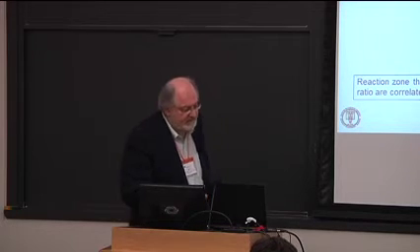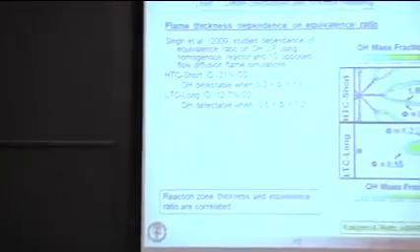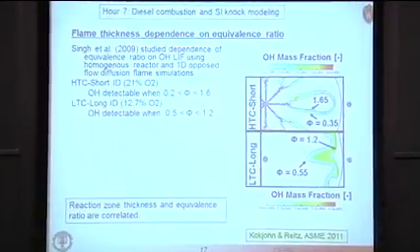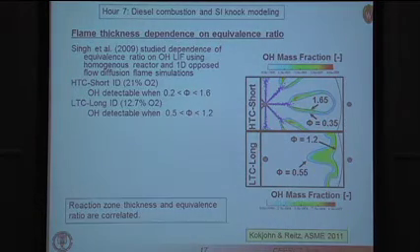The other interesting point was that the flame thickness varied for these different cases. And in fact, one can conclude that the flame thickness, as identified by OH, really depends on the local equivalence ratios. So for example, for the high temperature combustion short ignition delay case in the simulation, we can plot the OH mass fraction contours and also the equivalence ratio. Inside the jet, the equivalence ratios are high, so we have rich mixtures as we expect.